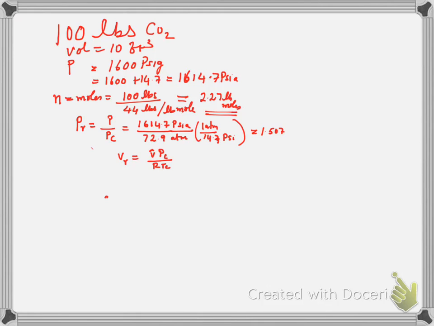Basically, it is V1 P1 equal to n1 T1, a kind of correction that we are doing. This is the standard volume, and this is the volume at a different temperature and pressure. So that's what we're trying to figure out. The standard volume that is given is 10 feet cube.